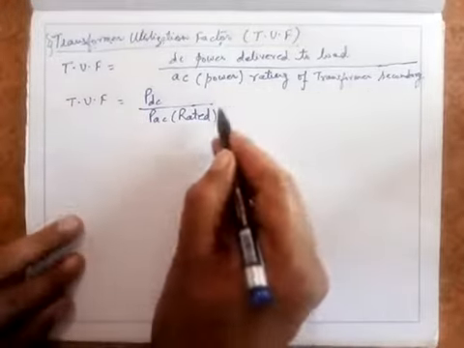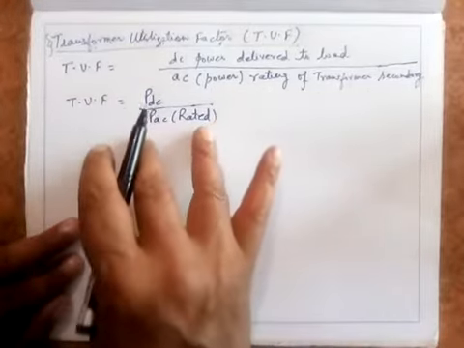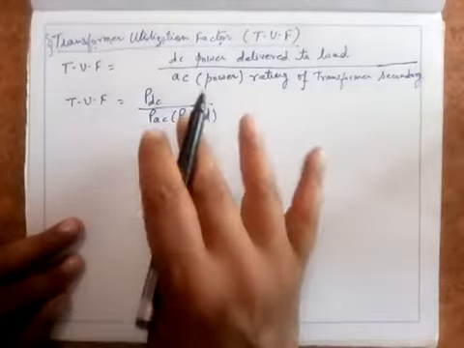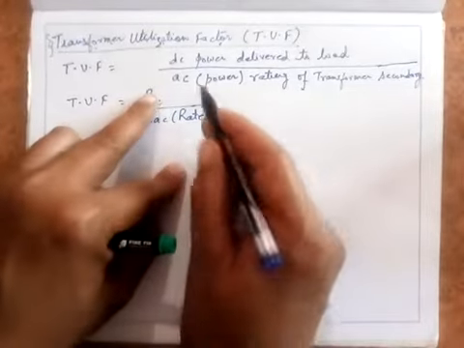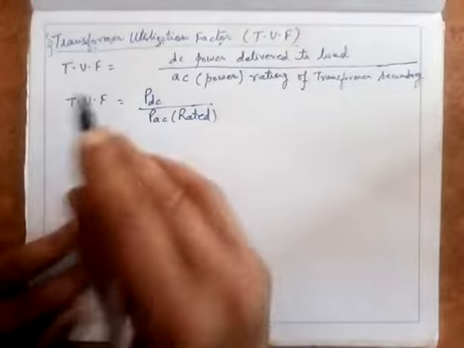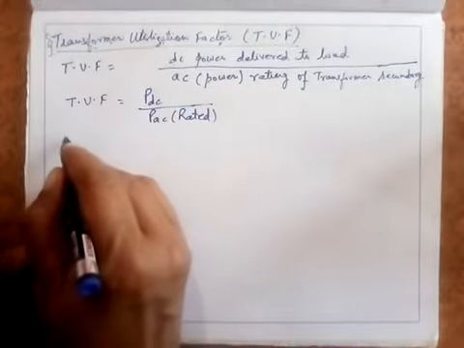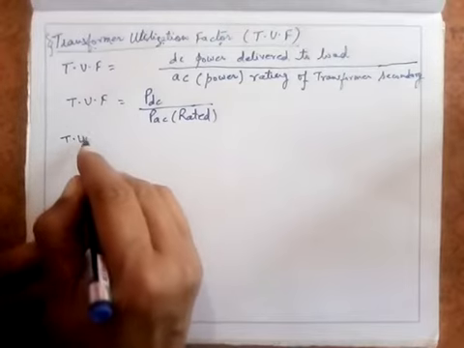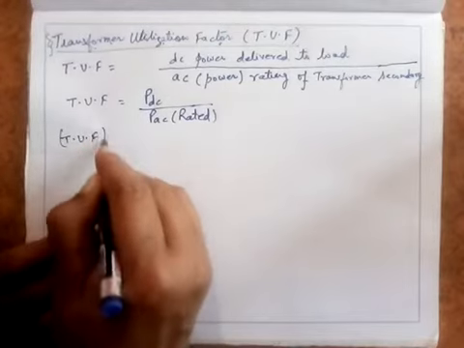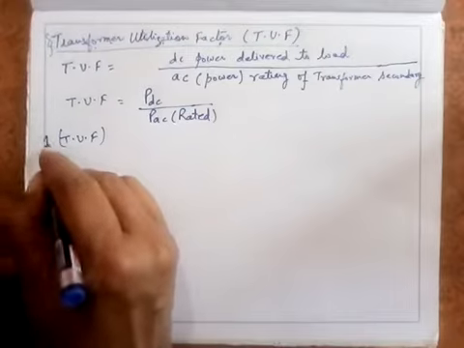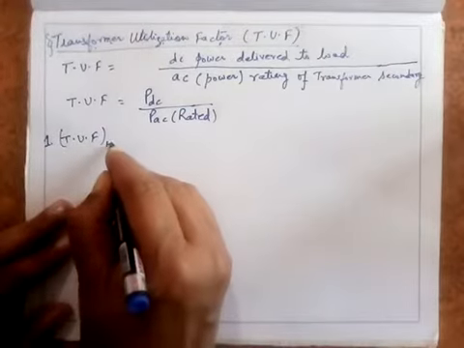Whenever you purchase a transformer, its rating is given there. So what is rated here, and what is the power delivered to the load? That is called the transformer utilization factor. So now let's find out again the transformer utilization factor, first of a half wave rectifier.